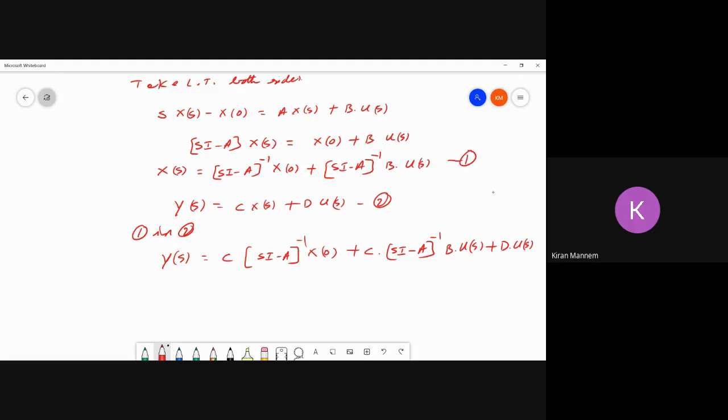So I can write it as y of s is equal to C into (sI minus A) inverse into B plus D into u of s, right?